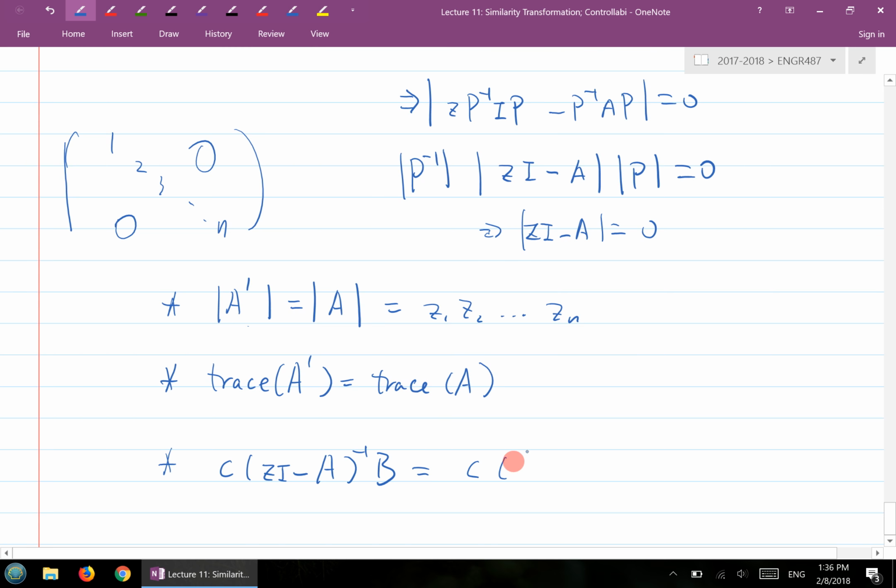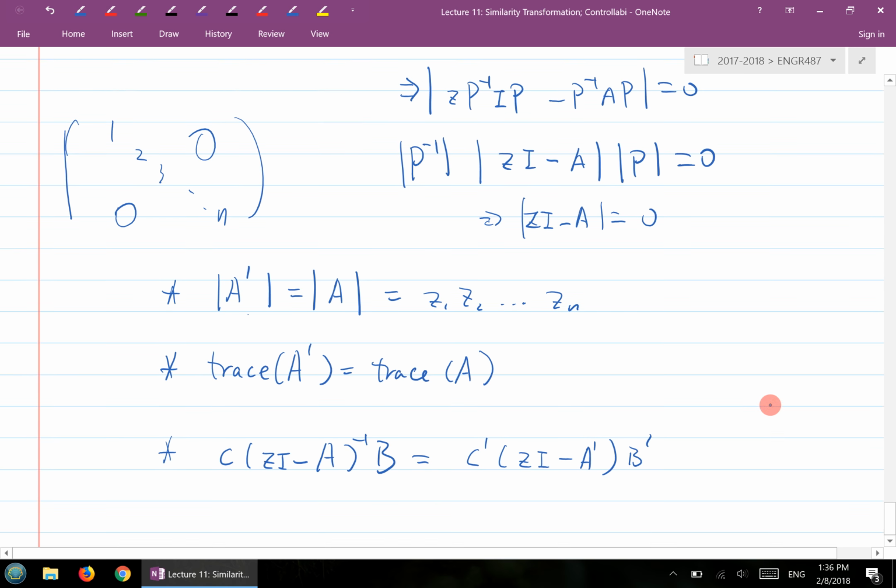Of course, you're talking about the same system, so you get the same result if you use A prime, B prime, and C prime, because it has the same eigenvalues. Your pulse transfer function cannot look different, right? It's only one form.